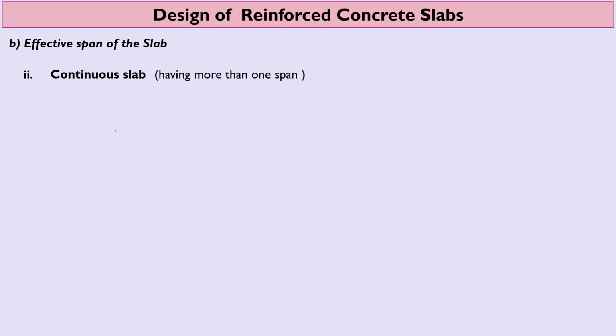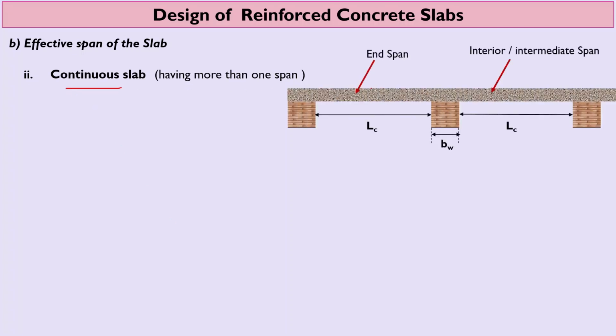Now if it is a continuous type of slab having more than one span, just like this, there may be a number of spans. They may have equal span length or they may have different span lengths, as well as the width of support, which we can say is BW.